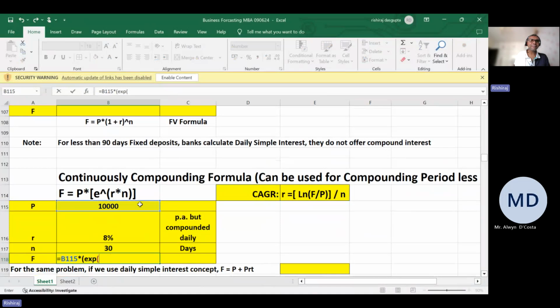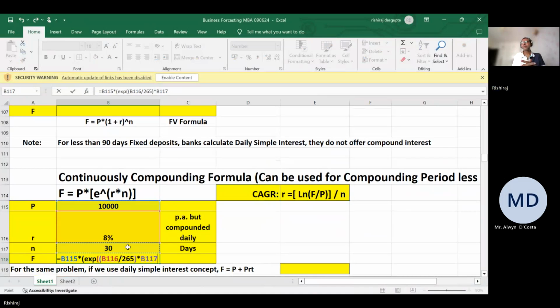Now within the bracket is the power R into N. So R is the daily compounding interest, so 8% by 365, that is R, into N. N is 30 days. So daily interest into number of days. Please remember R and N must be in the same time frame.